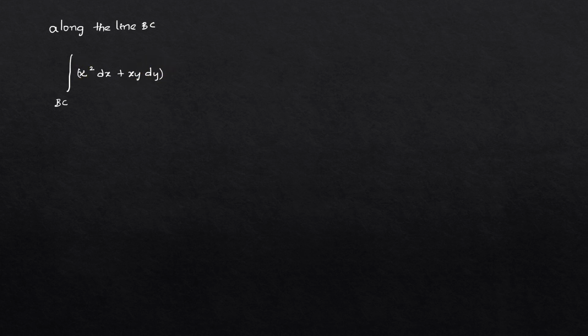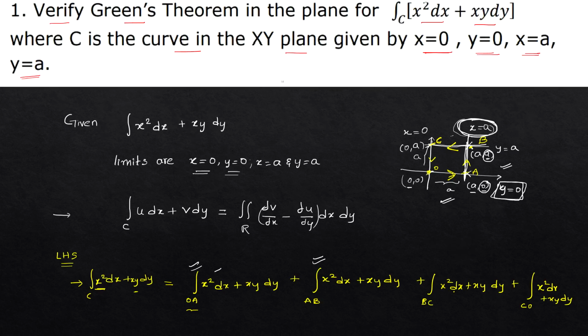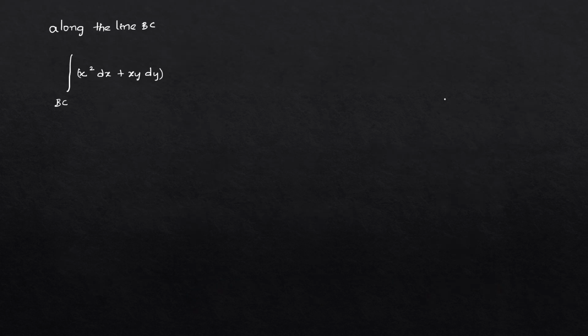Now along the line BC we have to check the equation of the line BC. BC is a line having the equation y is equal to a, since it is at a distance of a from the x-axis.